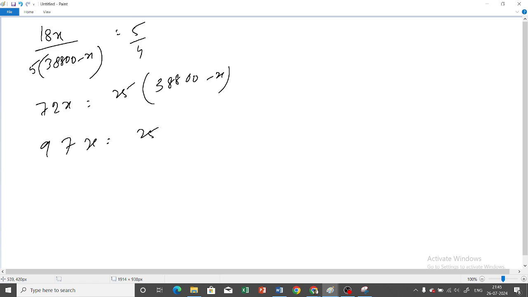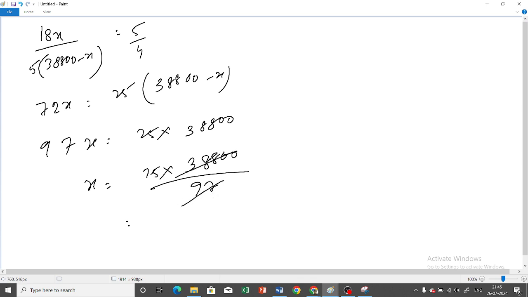X is 25 into 38800. This is 25 into 97. So this one gets cancelled out. So that is going to be 100 and then 100, 10,000.